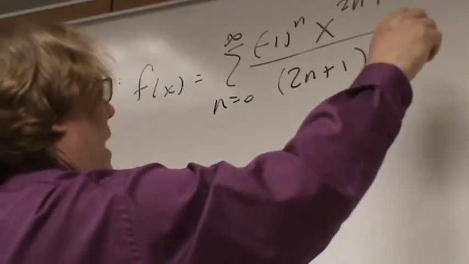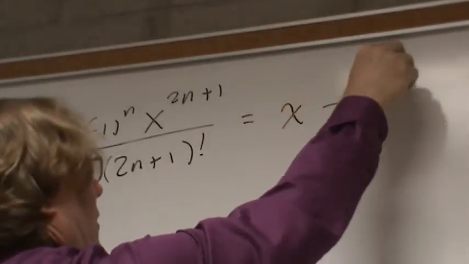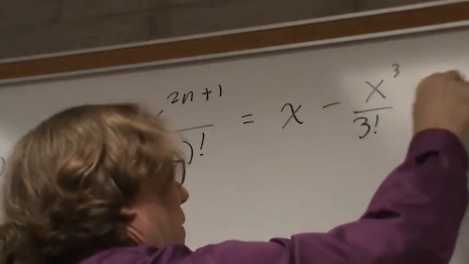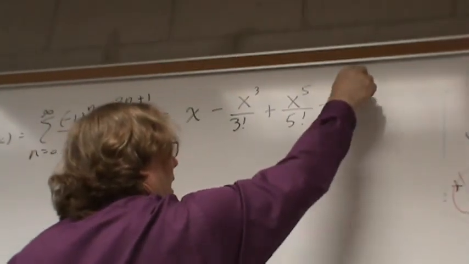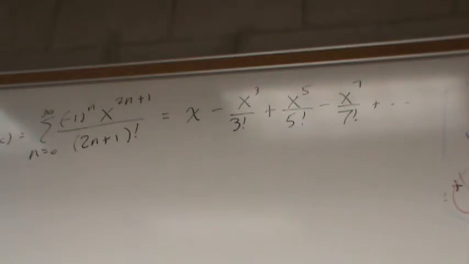If I want to write these out, this is going to get me x minus x^3 over 3 factorial plus x^5 over 5 factorial minus x^7 over 7 factorial, etc. Anyone recognize what this is actually a power series of? Not cosine. Sine, yeah. Sine of x.